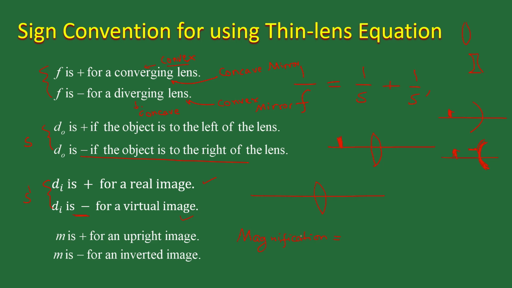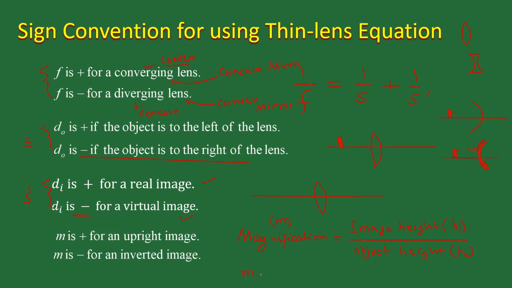It is the ratio of image height, denoted by HI, over object height, denoted by HO. By the way, magnification is denoted by the letter M. It is the ratio of height over height, so it's a unitless quantity. It doesn't have any unit.